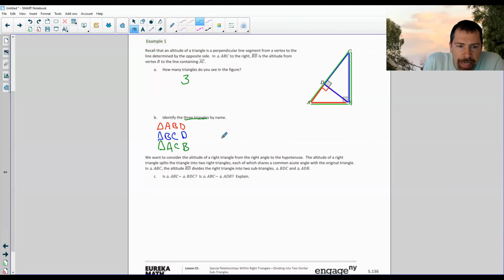So the way they named it, BDC, they named it 1, 3, middle, 1, 3, middle. So you see how these line up like that? I'm going to keep pushing that because we don't even need to look at diagrams. If it is named properly, angle B corresponds to angle A, angle D corresponds to D, and angle C corresponds to B in those 2 triangles. Is triangle ABC similar to triangle BDC? And is triangle ABC similar to triangle ADB? Explain.